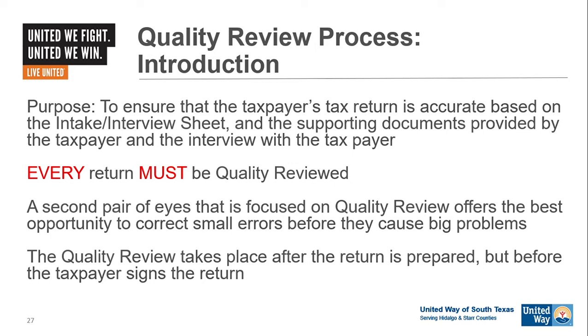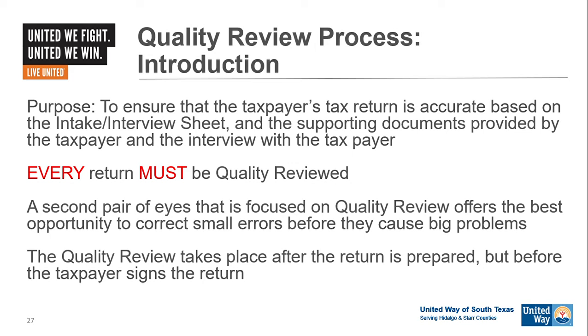A second pair of eyes that is focused on quality review offers the best opportunity to correct small errors before they cause big problems. The quality review takes place after the return is prepared, but before the taxpayer signs the return.